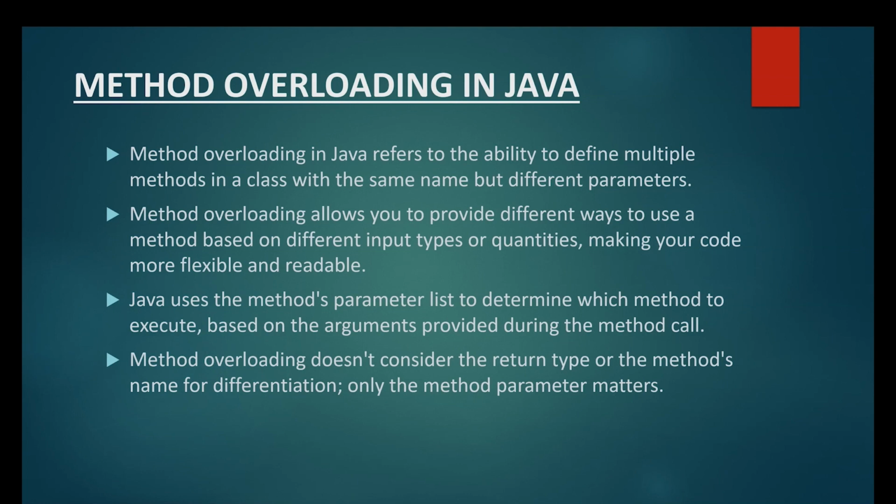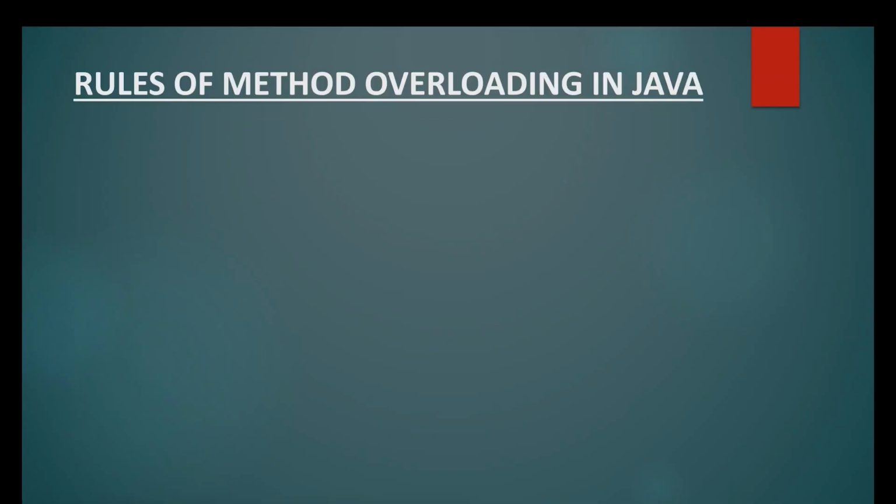Now there are certain rules that we need to follow while performing overloading in Java. What are those rules? Let's see. The very first rule about method overloading is that the method name must be the same. What is the second rule?